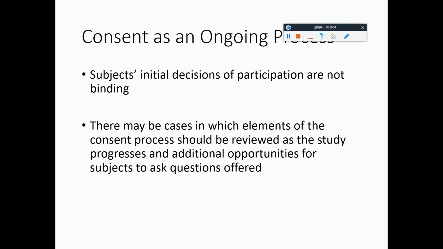Even in some cases, even after the study is completed, participants can still contact the researcher and tell them that, hey, upon second thought, I decide that I withdraw from the study and you cannot use my data. If that's the case, researchers must comply with that request and delete the data from that particular participant.